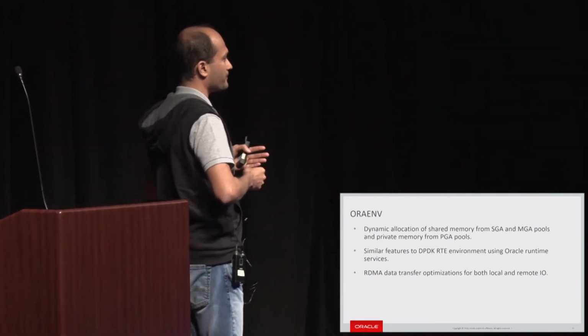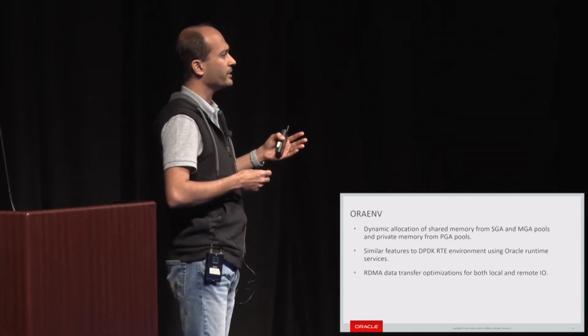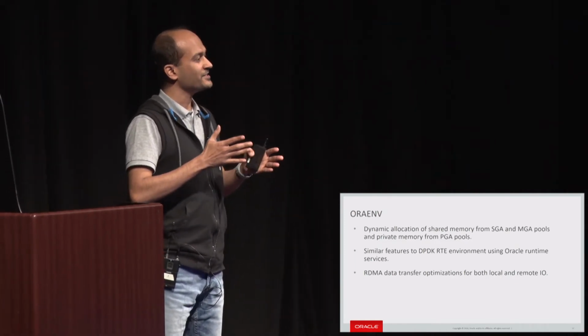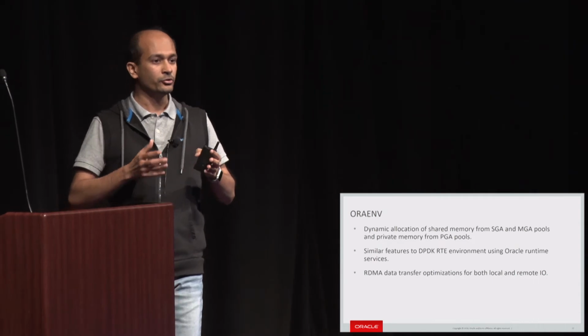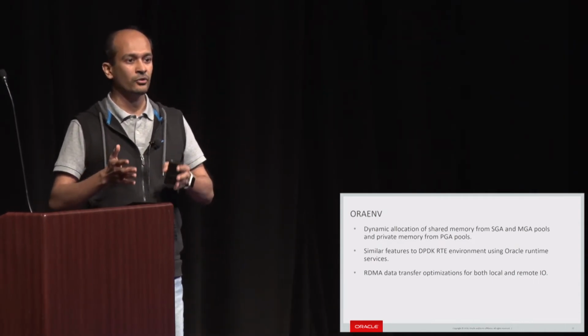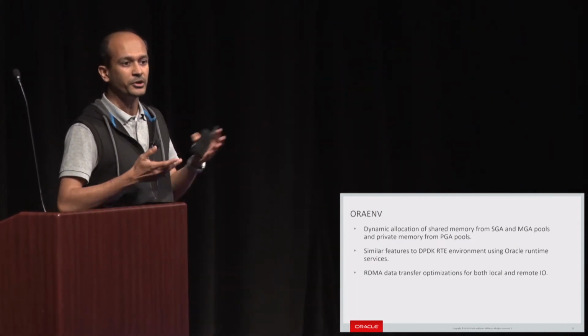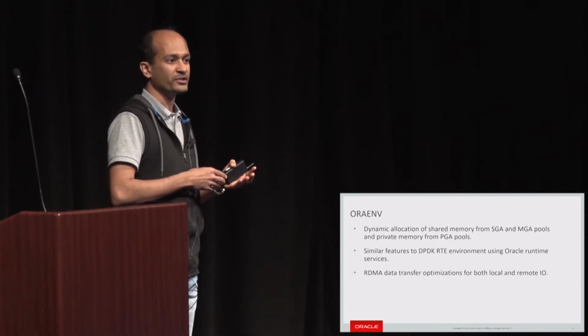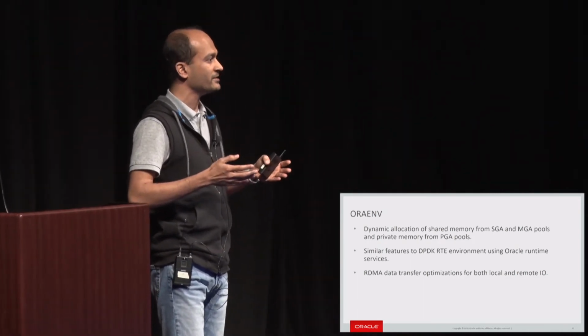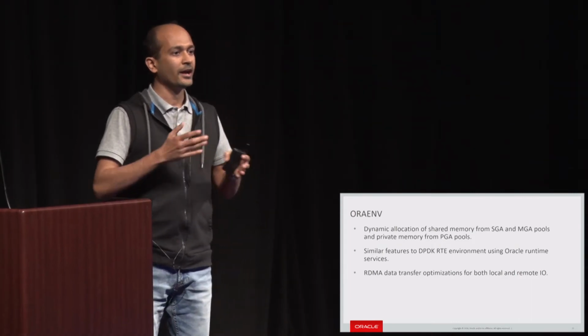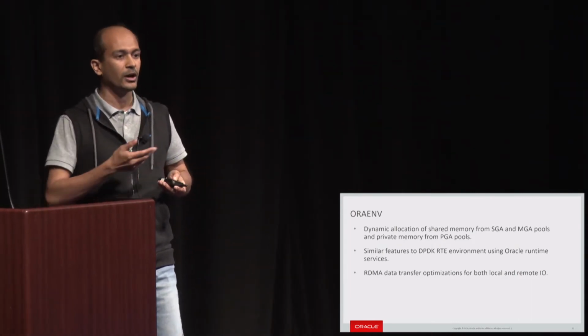The other point I'll cover is that I mentioned the SGA and MGA can be relatively large, and to do low latency I/O with lower CPU usage, we want to do RDMA wherever possible. There are some optimizations that we've already made in the Oracle database for RDMA, and how do we enable those with this model.